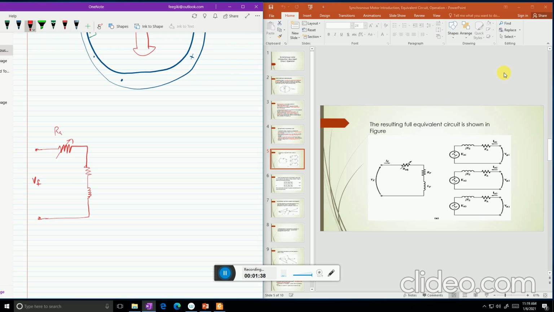As it is a three-phase synchronous motor, this is phase 1, this is phase 2, and this is phase 3.